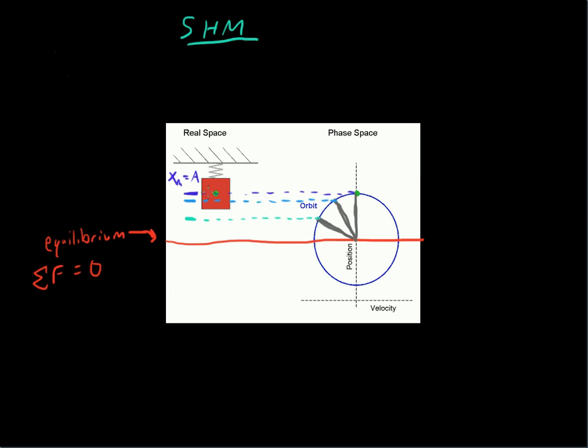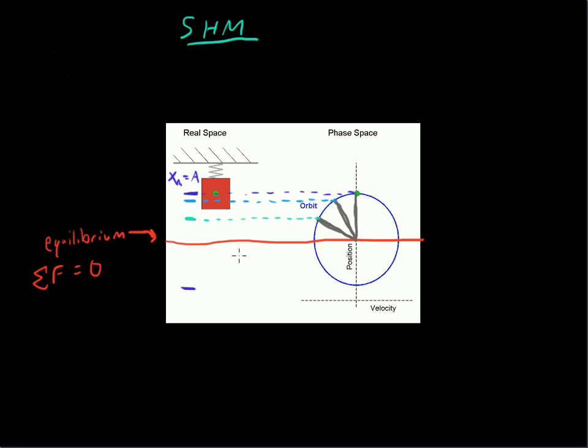And what we'll do is we'll take it through a quarter of a cycle. For the spring to go from up here down to here is a quarter of a cycle. If it goes down the other way, down to its maximum displacement down here, that would be up to half of a cycle. So that would be corresponding to somewhere around here. And then if it got all the way back up to here, that would be the full cycle.